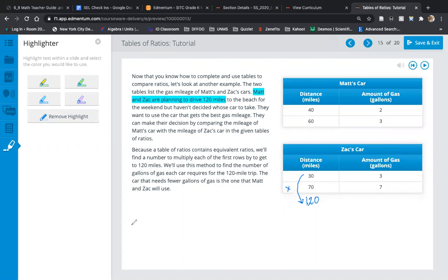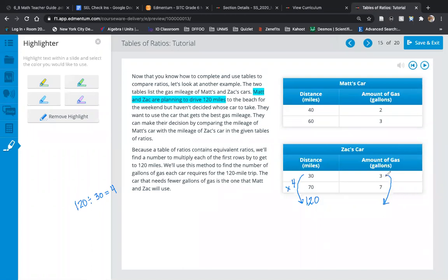I'm going to write on the side over here, 120 divided by 30 equals 4. So what this tells me is that if I take 30 and multiply it by 4, I get 120. So remember, if I do something over here, I need to also multiply the other part of the ratio.